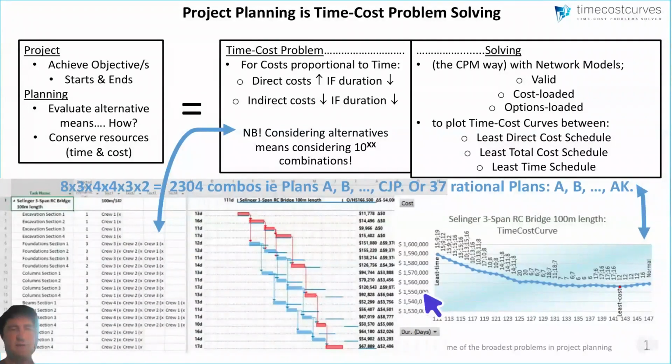And that is saying if time was more important than cost, you're willing to pay more, then there is a natural limit to your network model where you cannot compress, you cannot go any faster according to your definitions. And that is here at the least time schedule, and that has a certain cost.